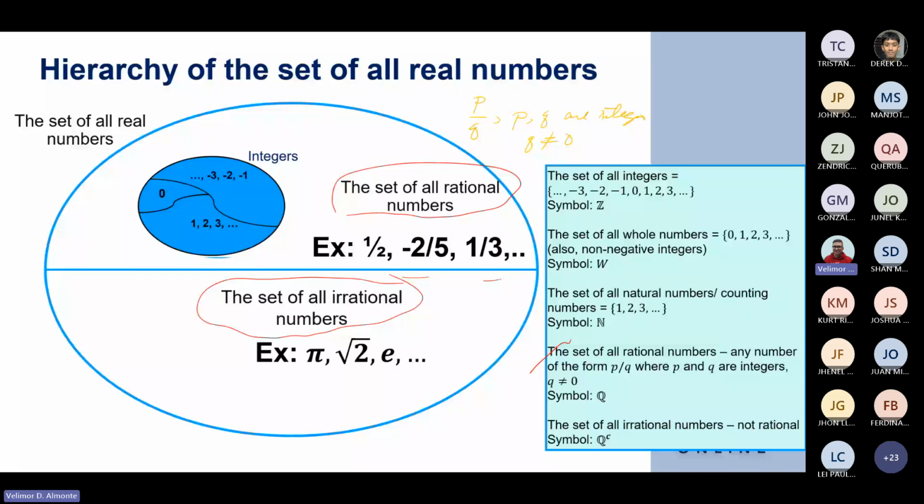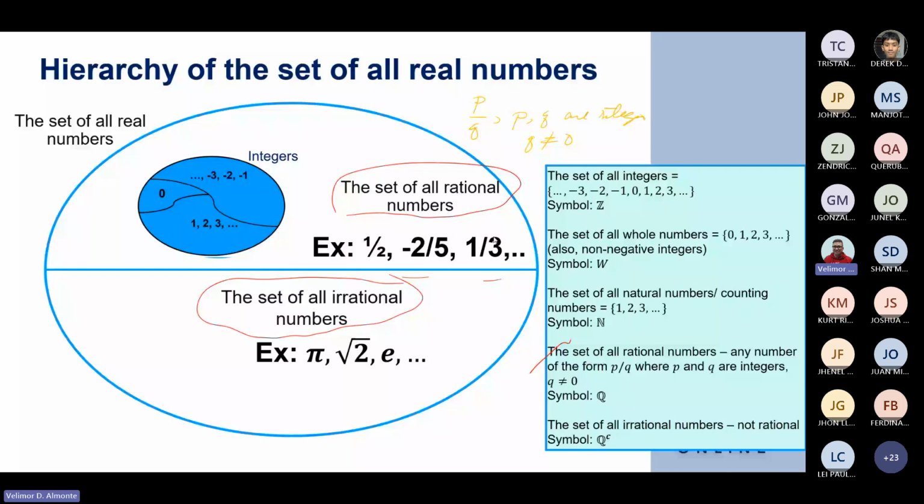So you see here some examples, correct? For example, 1/2, that's obviously a fraction, -2/5, 1/3. So all fractions belong to this set. It's a subset of the set of real numbers, and this set has the set of integers as a subset as well.